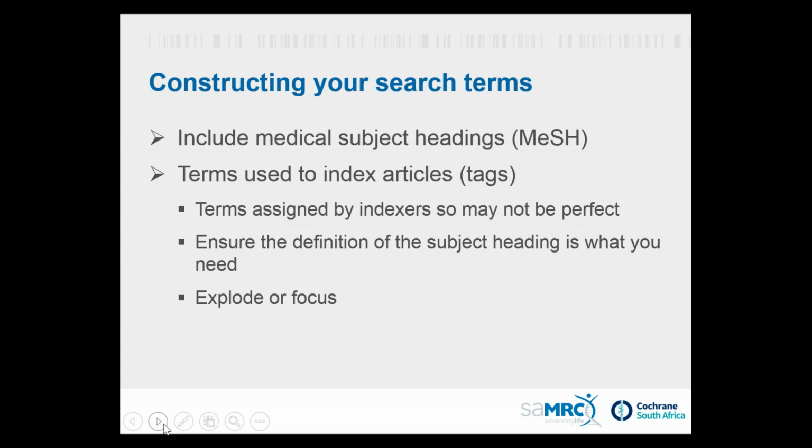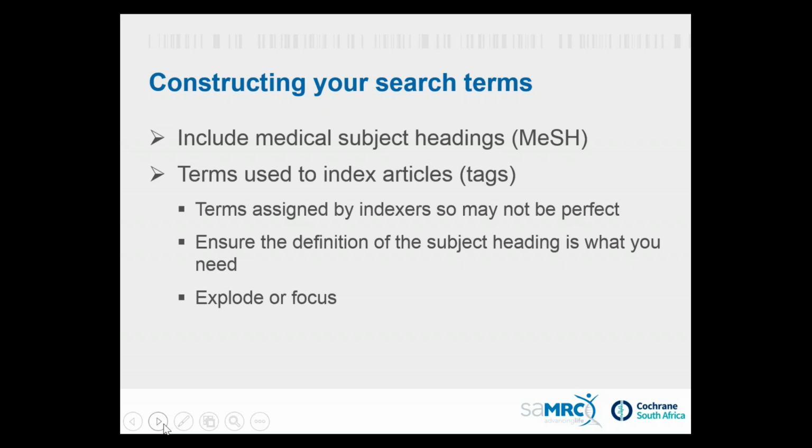Another thing to take note of is that the terms are assigned by indexers, which might not be perfect. That's another reason why you need to search for your MeSH terms as well as free text terms. Another thing to note is that for your MeSH terms, you either need to explode it or focus on a specific heading.